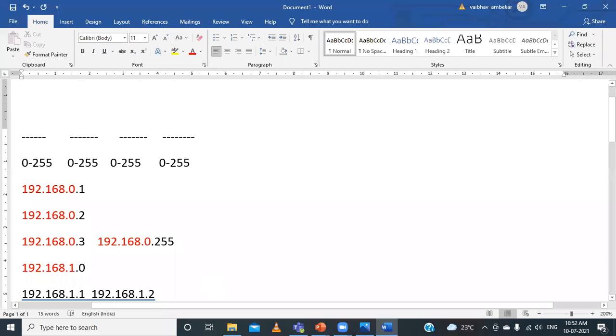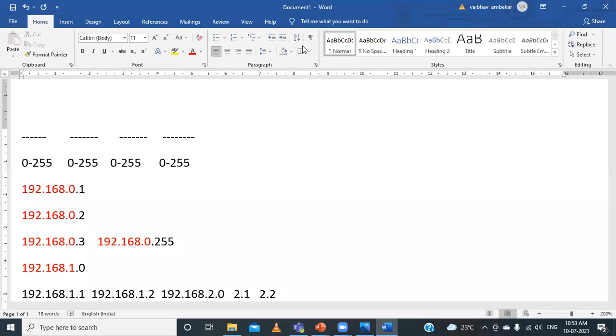We will do 192.168.2. The series starts 0. Next will be 2.1. Next series will be 2.2 and so on. Like this, we can have lakhs of combinations by just choosing class C.